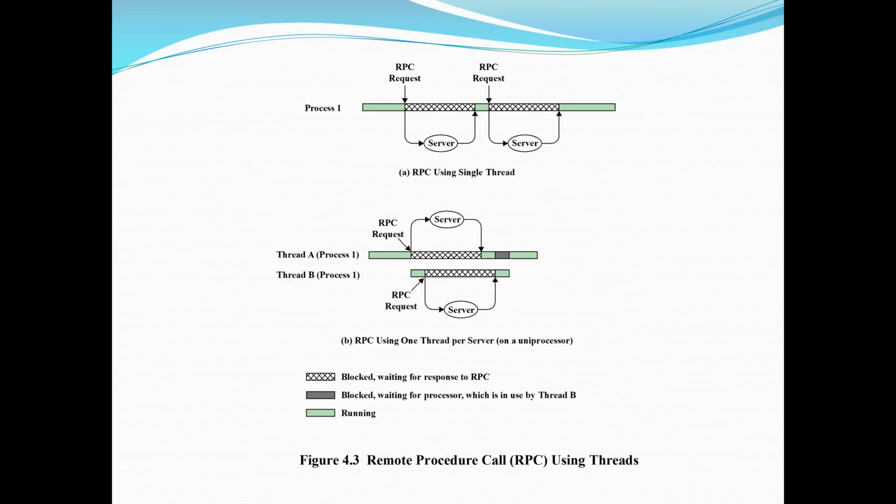But we can rewrite the program to use a separate thread for each remote procedure call, resulting in a substantial speedup. Now, if this program operates on a uniprocessor, the requests may be generated sequentially and the results processed in sequence. However, the program waits concurrently for the two replies.